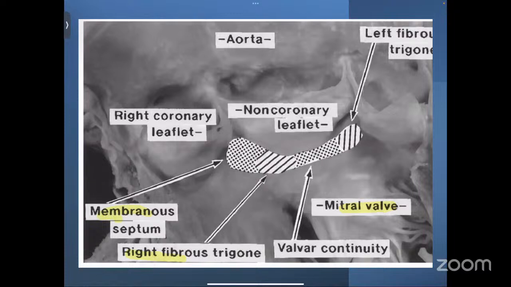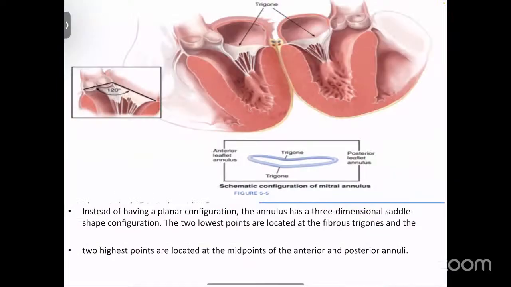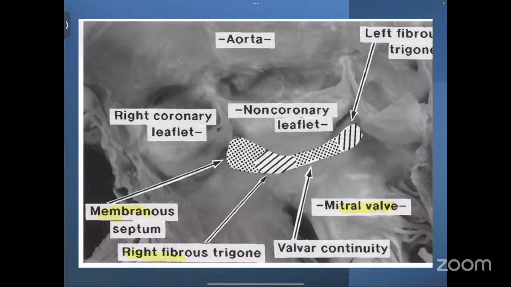The annulus of the mitral valve extends peripherally from the two fibrous trigones, which are components of the fibrous skeleton of the heart, and are defined as the greatly thickened areas shown here at either end of the fibrous continuity between the leaflets of the aortic and the mitral valve.